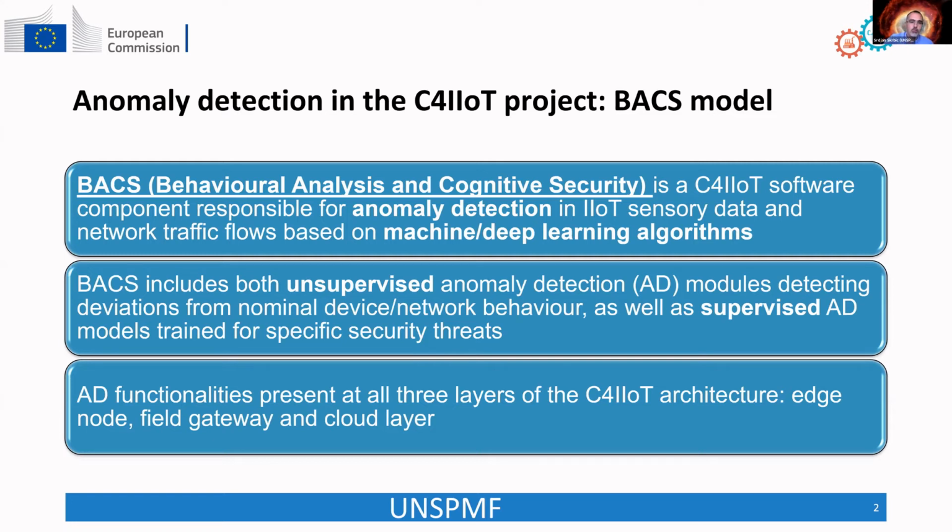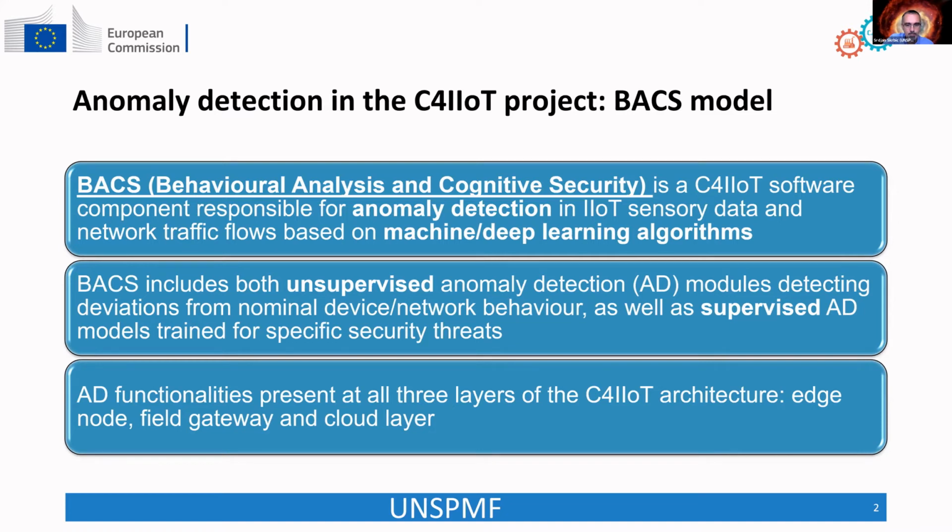It includes unsupervised anomaly detection. That's what we have implemented for now. So it's not finished. The project is roughly 50% finished. We also plan to have some supervised anomaly detection models, hopefully in the near future, for specific security threats.